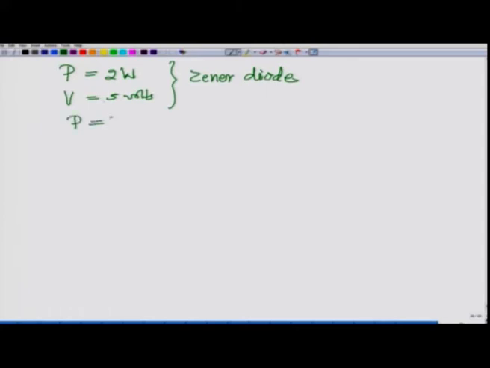P is equal to VI, I is equal to P by V, that is 2 watt divided by 5 volt, which is how much? 0.4 amperes or 400 milliamperes. So, the current through the Zener at this time is 400 milliampere. So, one has to choose the value of RS so that the current does not exceed this 400 milliampere.